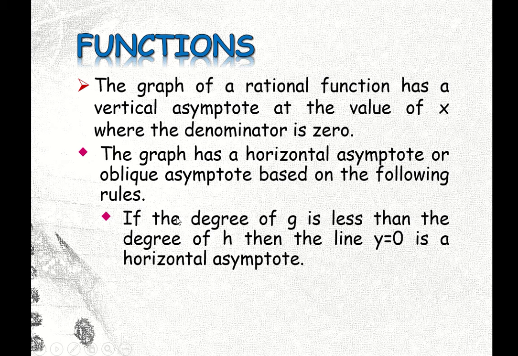If the degree of g is less than the degree of h, then the line y equal to 0 is the horizontal asymptote.